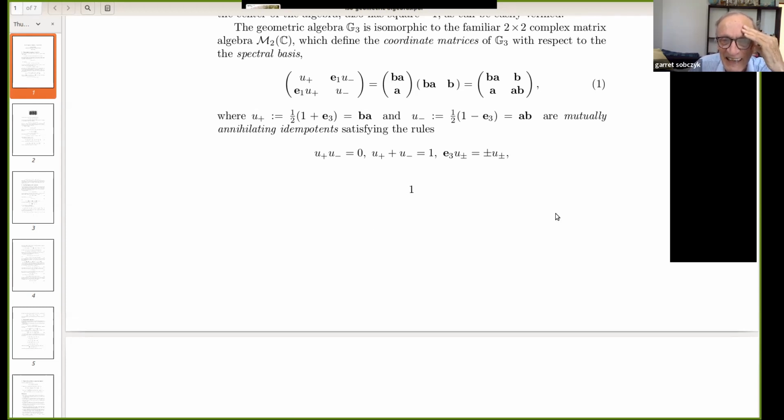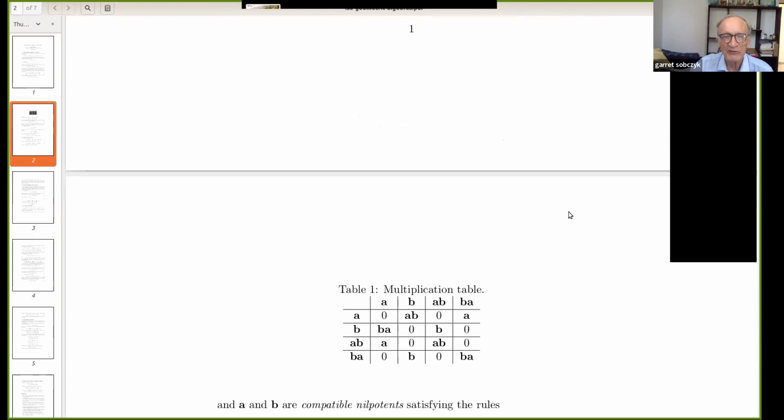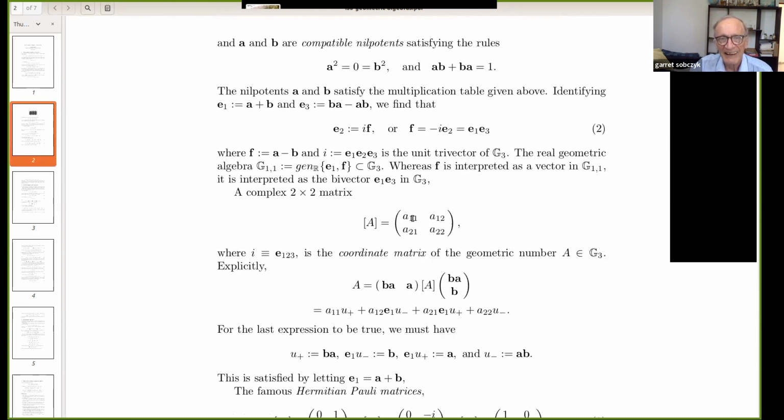So you can see the exact correspondence between a matrix and the geometric number which it represents, either in the geometric algebra G3, which if you consider the matrix A11, A12, A21, A22 to be real numbers, then that corresponds to G11.